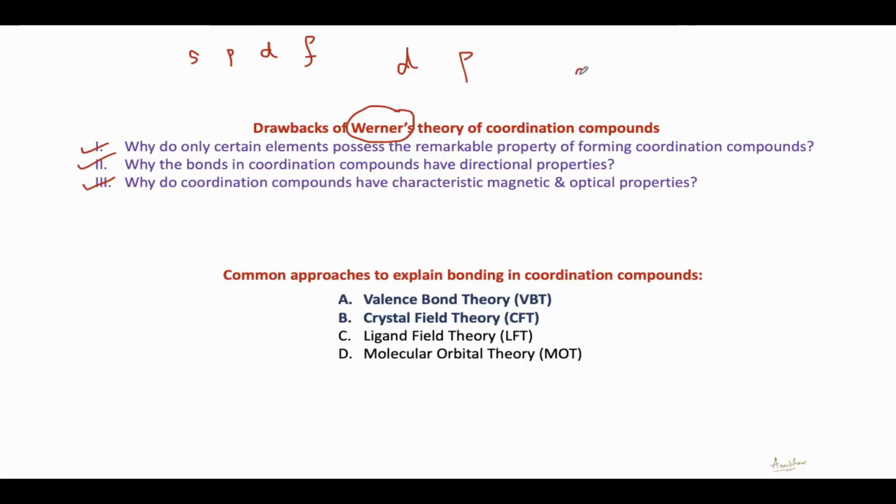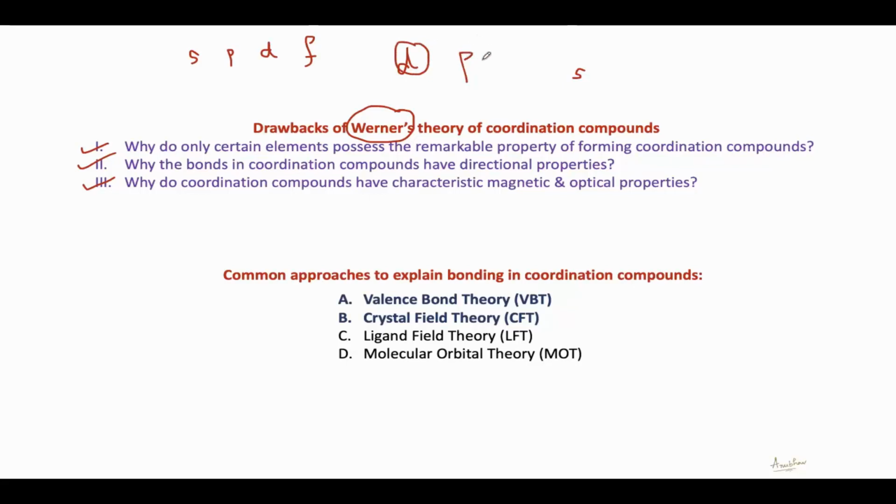We have S block elements such as sodium, lithium, beryllium, magnesium, and also F block elements, the lanthanides and actinides, the inner transition elements. They do not form such kind of coordination compounds. But all the D block elements are most famous for producing coordination compounds.